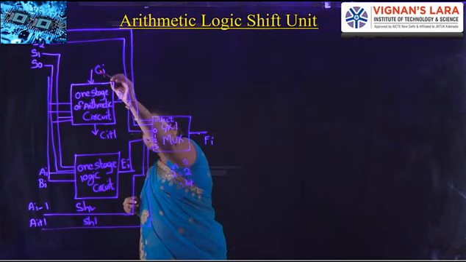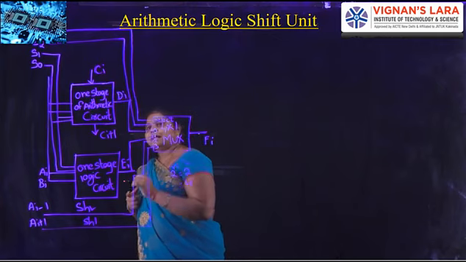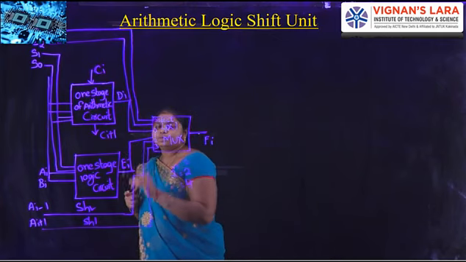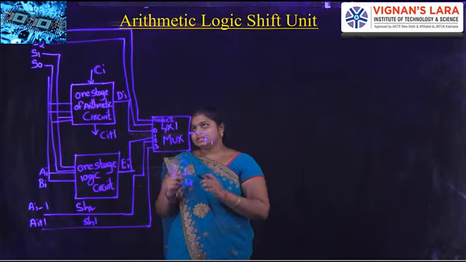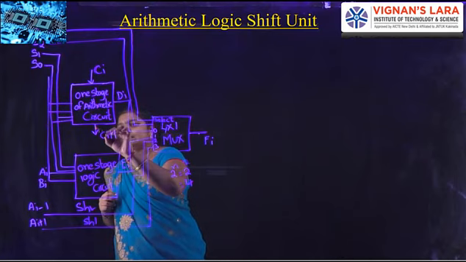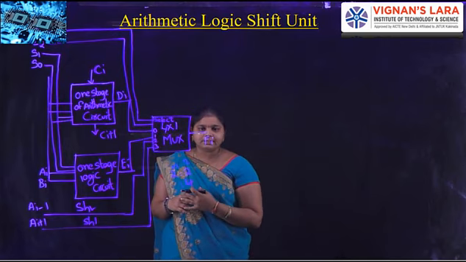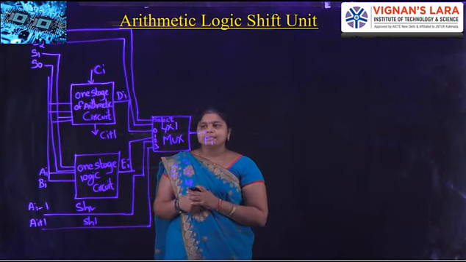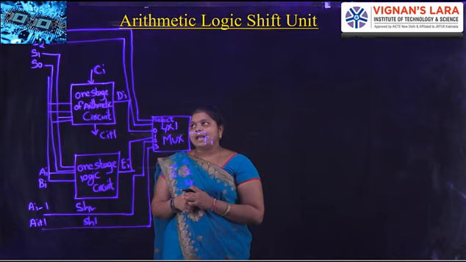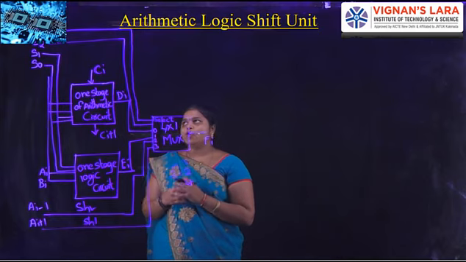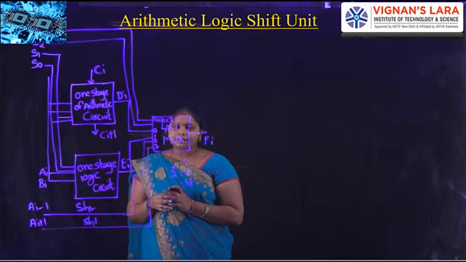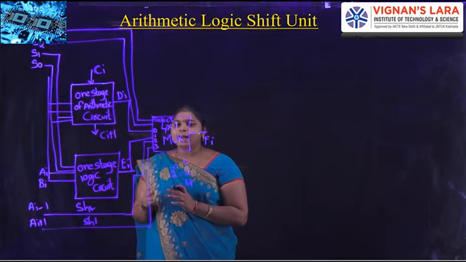Cin means the carry of the arithmetic circuit. Ci plus 1 is the carry used as input for the next stage of the arithmetic circuit. Here we take the 4 inputs. The multiplexer is controlled by the select lines S3 and S2.